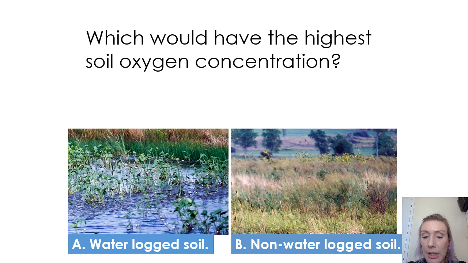Well, it's actually the non-waterlogged soil. So having water as a layer on top of the soil actually increases the distance, if you like, for the diffusion of oxygen from the air to the soil itself. So that prevents oxygen getting to the soil, and obviously between the soil particles that space is filled by water.